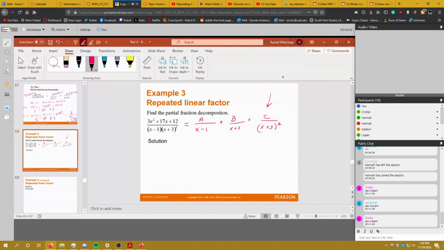So you can't just list the x plus 3 squared. You got to list this middle term here with just the x plus 3. Because actually, if you wrote it out, you could actually have a part that was just the x plus 3. So the only difference is when I have a squared term, I have to write the linear term and the square term of that factor.